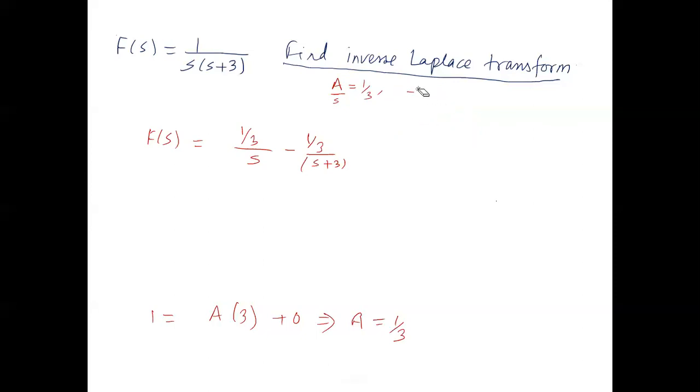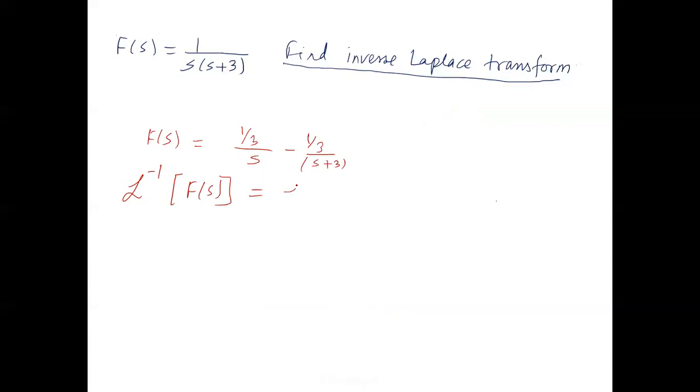So I don't need this anymore, okay? Now let's find the inverse Laplace transform of this guy. So what is the inverse Laplace transform of each term on the right? Inverse transform meaning we are trying to find the inverse Laplace transform of F(s), right? That's our goal.